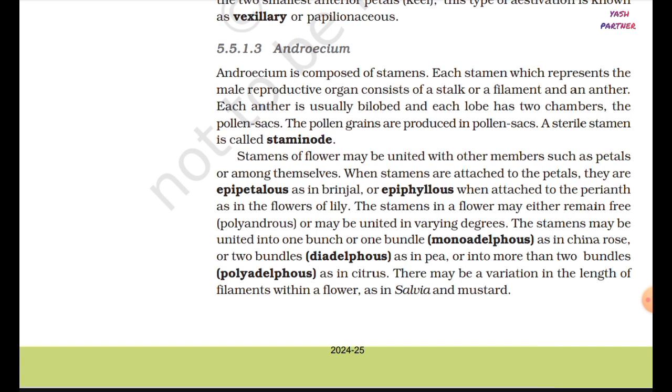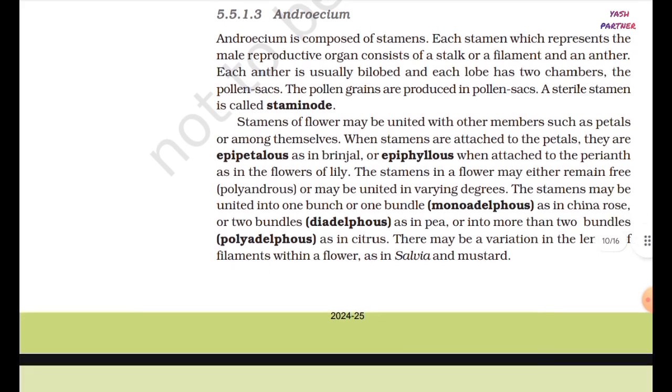The stamens may be united into one bunch or one bundle, monoadelphous, as in China rose, or two bundles, diadelphous, as in pea, or into more than two bundles, polyadelphous, as in citrus. There may be a variation in length of filaments within a flower, as in salvia and mustards.